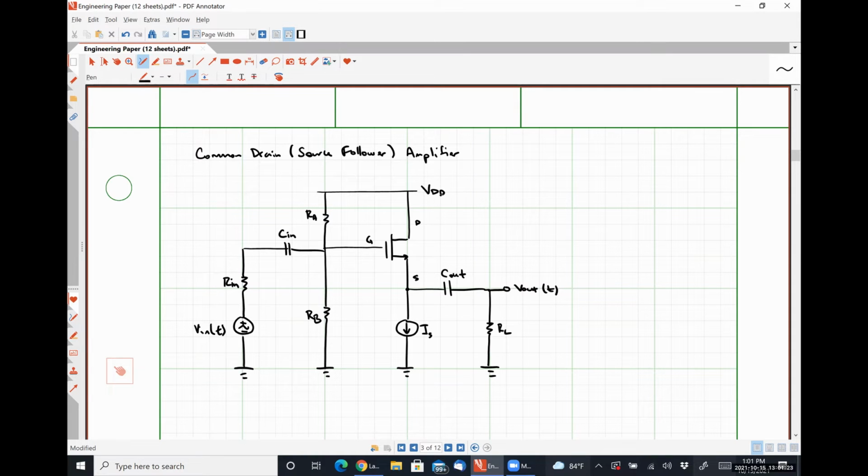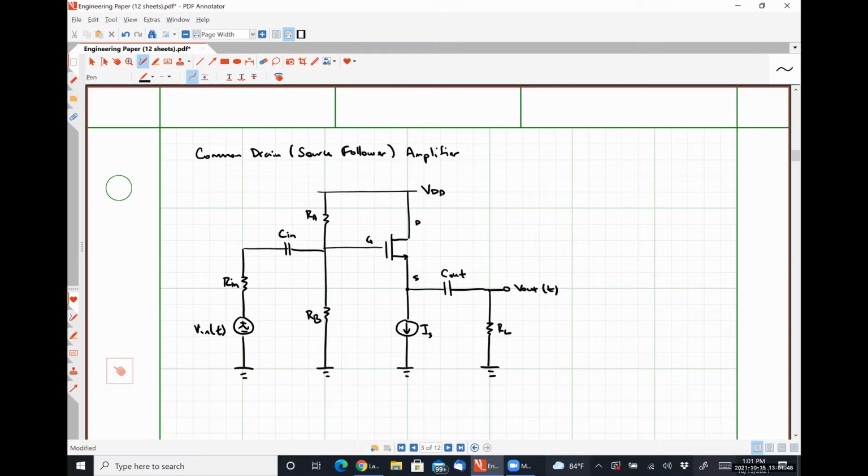All right. So this is, I'm going to call it a simplified model of a common drain amplifier. And the reason that I'm calling it a simplified model is because we are assuming that we have access to an ideal current source by which to bias this thing. And we all know that we don't actually have access to that, but it'll make our analysis here a little bit easier.